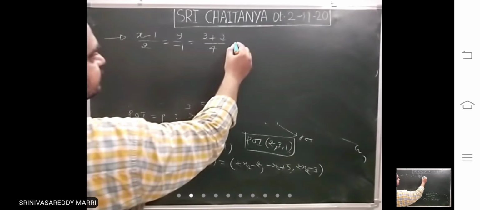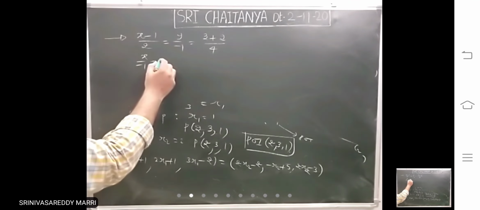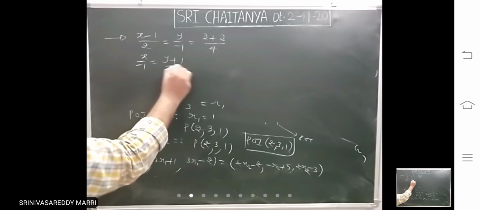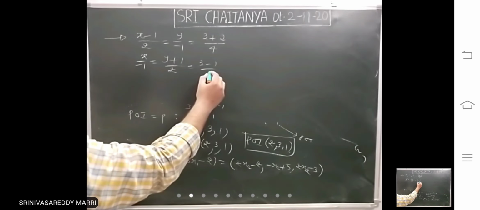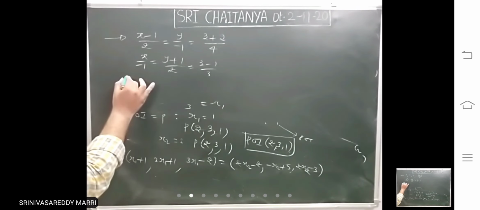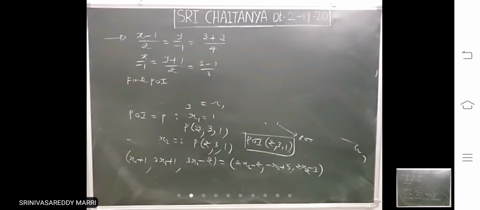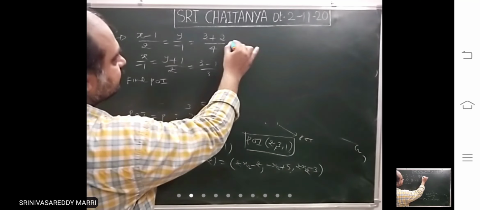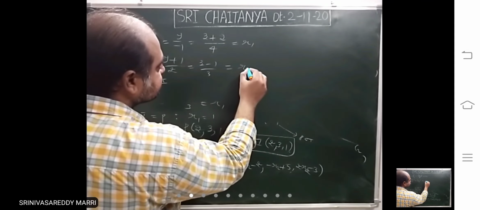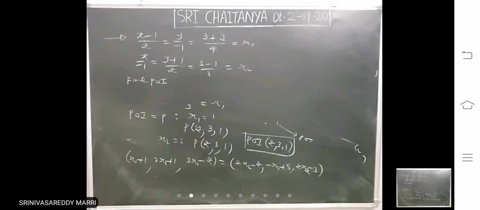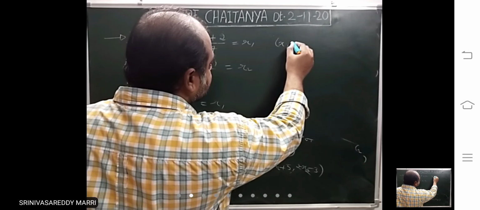One line is given this, one line is given this, and another line is given. So suppose you have to find point of intersection. Let us take this as R1. How to find point of intersection is take R2. So calculate XYZ from both and equate.